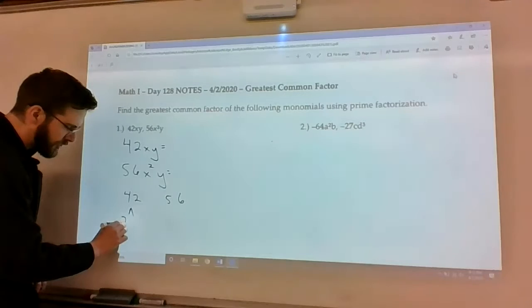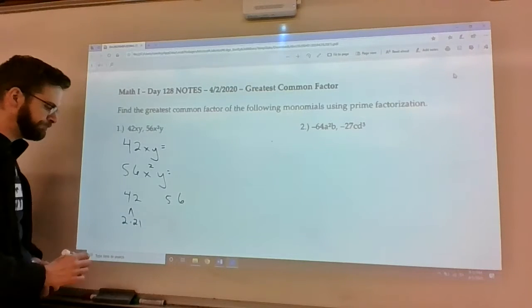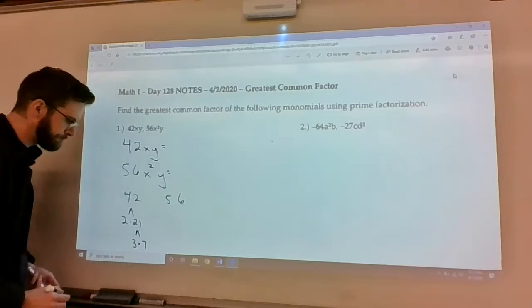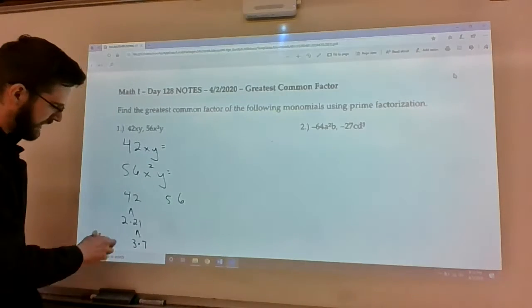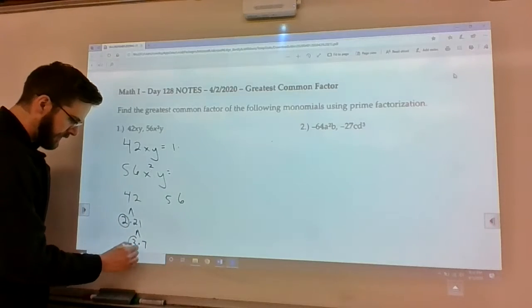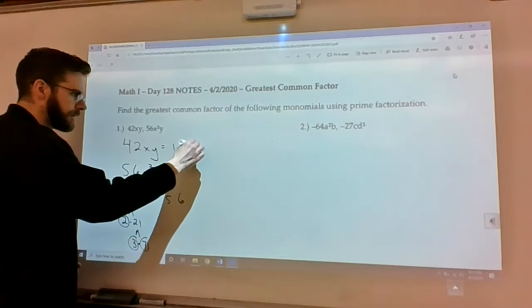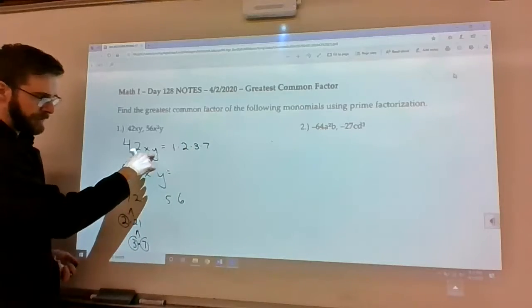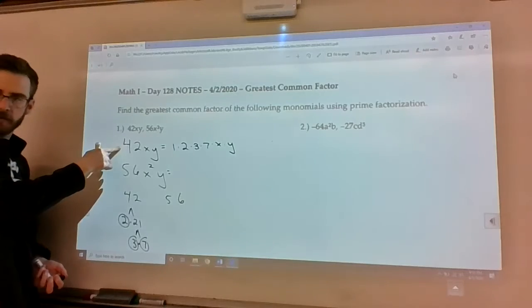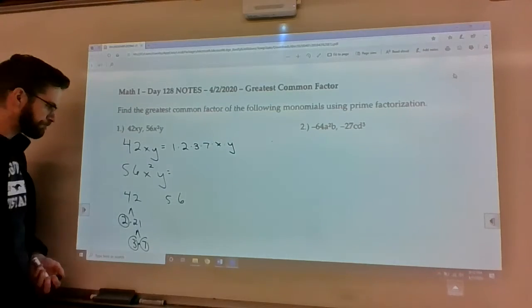So 42 is 2 times 21, and 21 is 3 times 7. So not too big of a beast on this one. It's just 1 times 2 times 3 times 7. And don't forget the variables tagged along at the end. And you've got your first monomial factored.